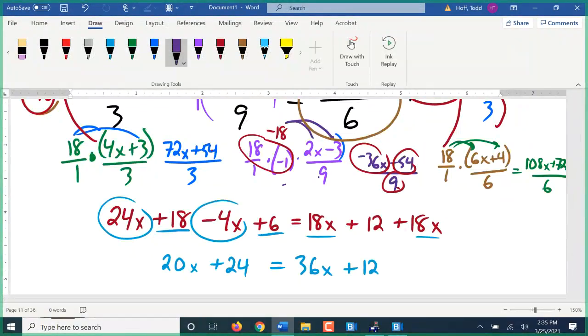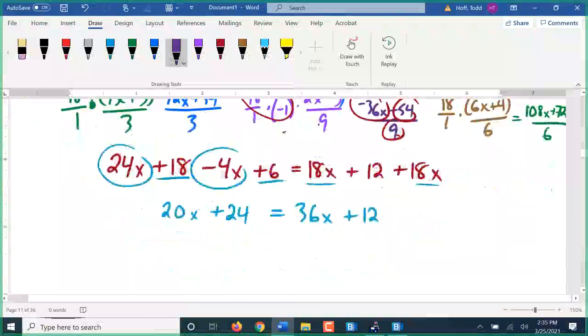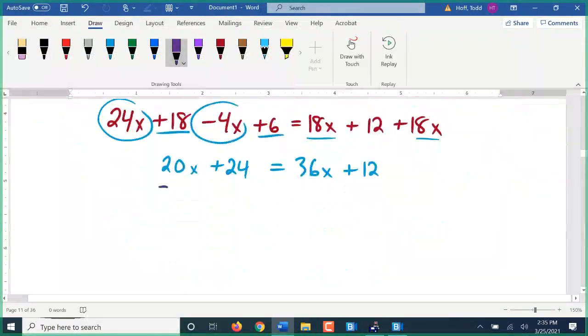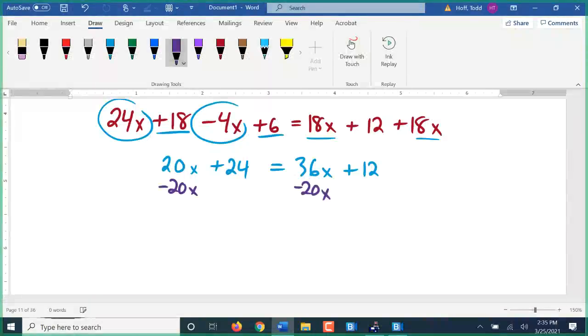One more to combine, but I have the variables on both sides yet, so I have to get rid of one. 20x is smaller than 36x, so I'm going to get rid of the 20x. I'm going to subtract 20x from both sides. So it's gone on the left. We just have 24 on the left side. 36x minus 20x is 16x. And I still have the 12. Now I can solve.